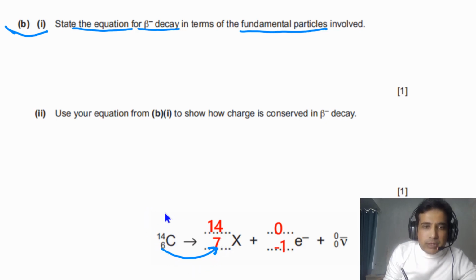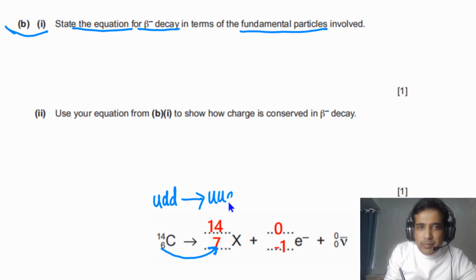So we can say in this case, 1 neutron, meaning up, down, down quark, changes into up, up and down quark. Plus we have the electron, which is already a fundamental particle, and we have the electron anti-neutrino, which is also a fundamental particle.